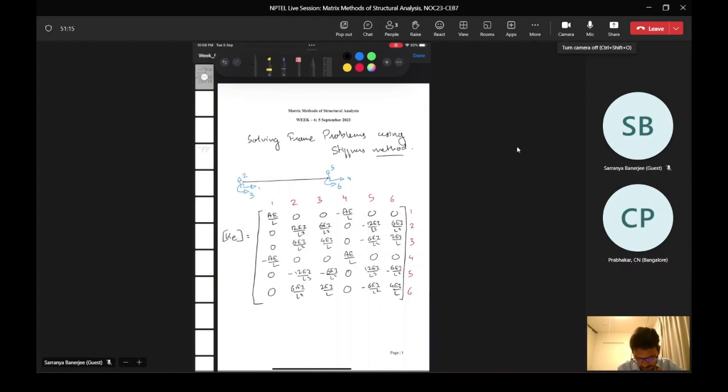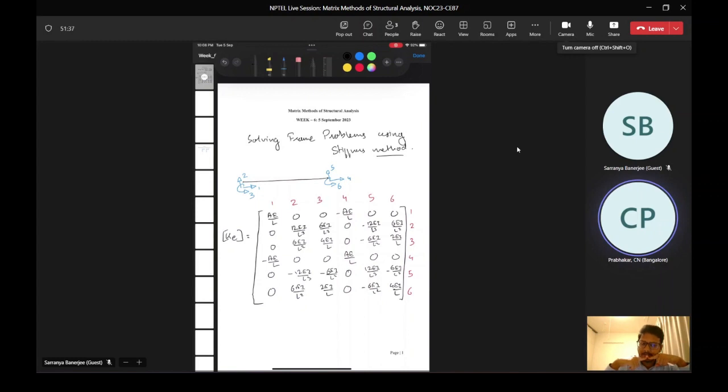So what is happening basically here is that there are different degrees of L under EI, right? So the units must be changing.